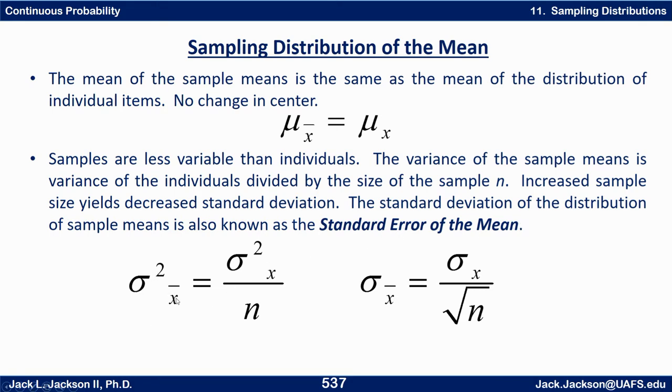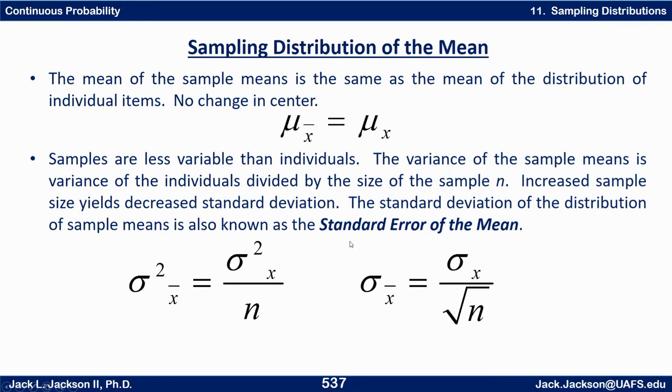So the sigma square of x bar is the sigma square of x divided by n, or more often we're just going to go right to the standard deviation. The standard deviation of the x bars is the standard deviation of the x's divided by square root of n. And this really doesn't depend on what kind of distribution we have.